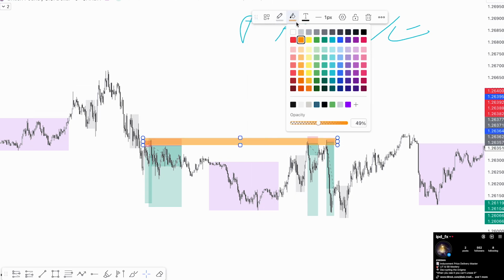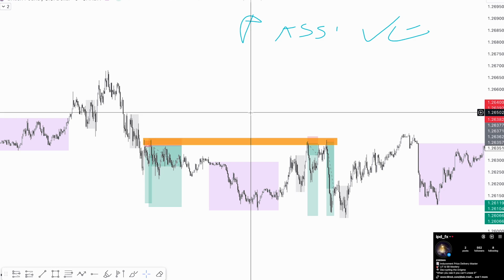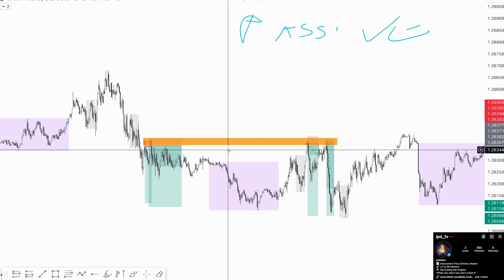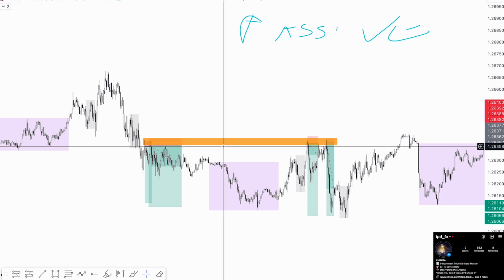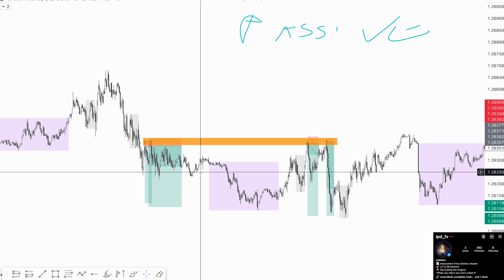This is a high level of liquidity. It's called a heat map because of the color: the more heat you have, the more liquidity you should have.